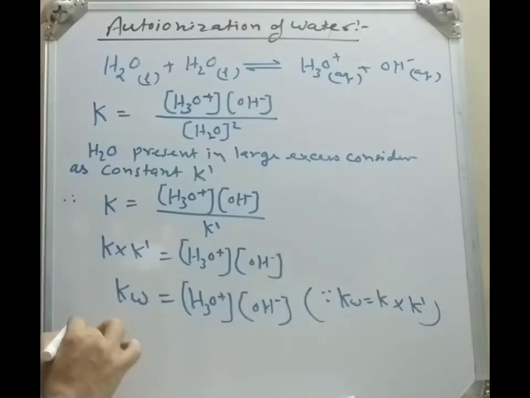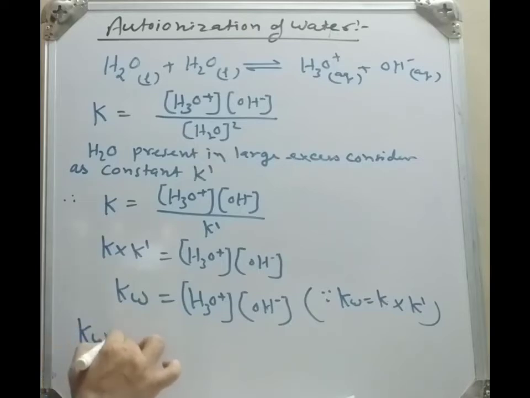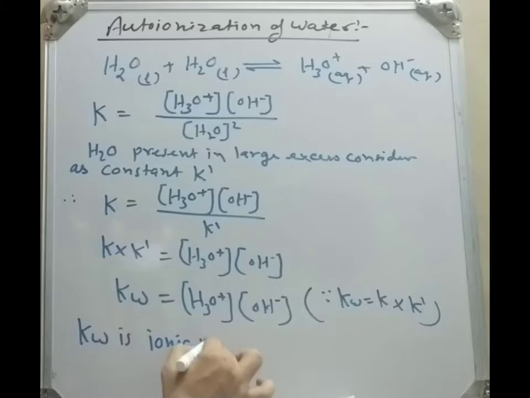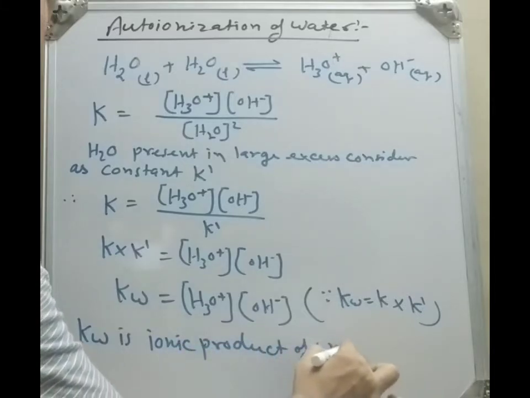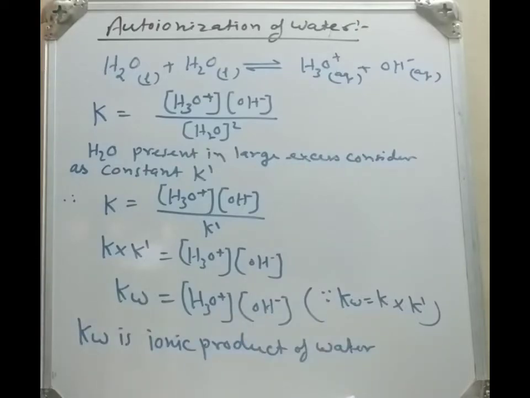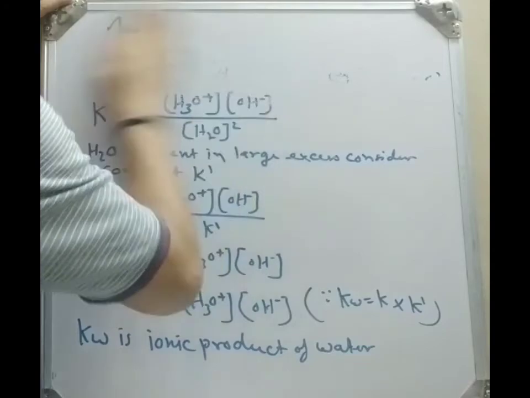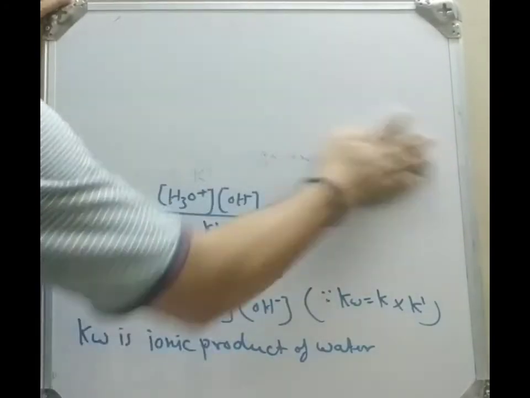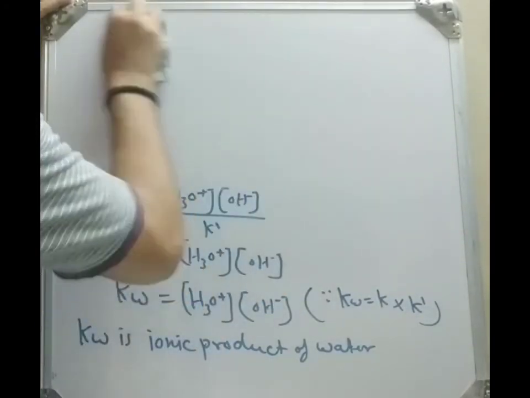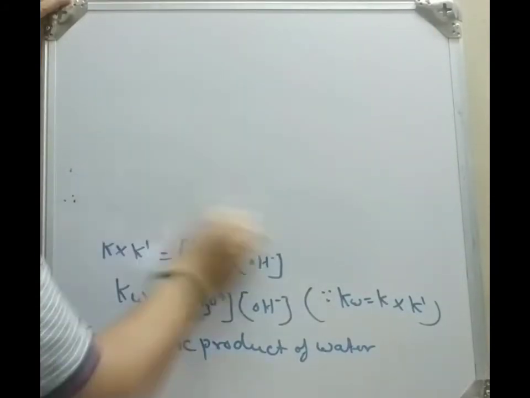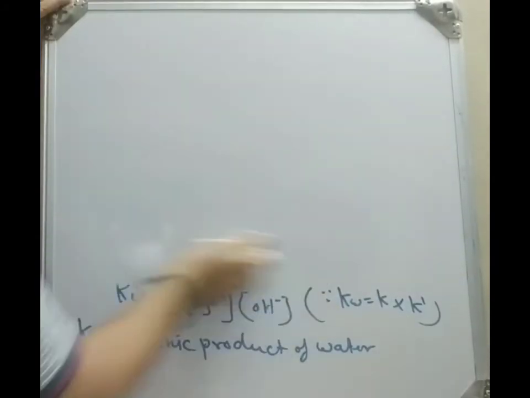This Kw is called the ionic product of water. Its value is fixed. The value of Kw at 25 degrees Celsius is 1 into 10 raised to minus 14. We write here Kw, which is the ionic product of water.